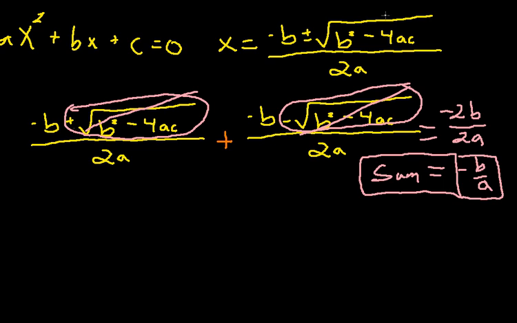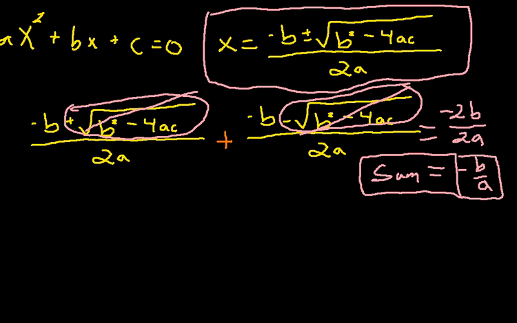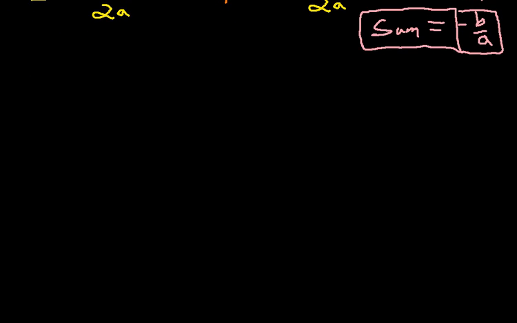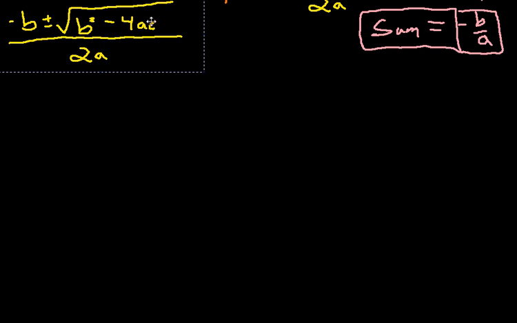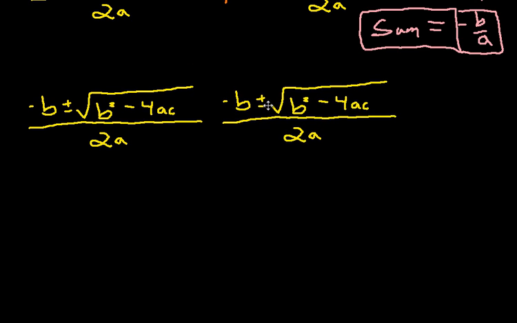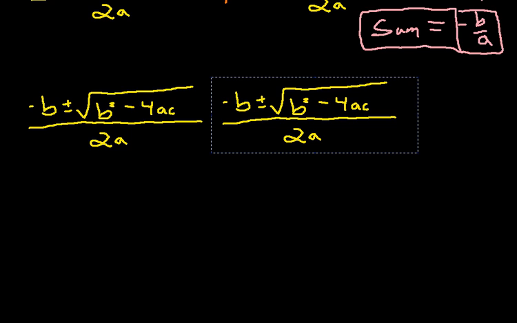Okay, the product of the roots is where we're going to multiply these guys together. So let me scroll down a little bit farther. We'll keep that sum there for reference. Here's one part that we're going to multiply by the same thing. Again, remember, one of these is positive and one is negative, so this one will be our positive one, and we're going to multiply it by the negative one.